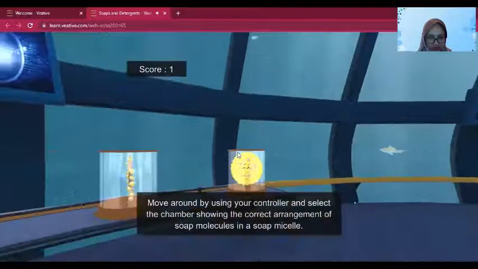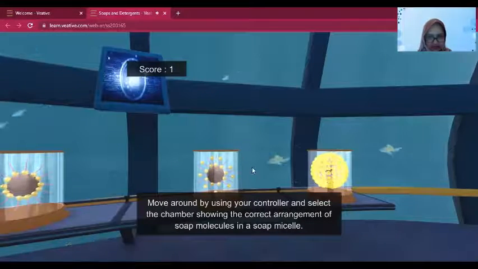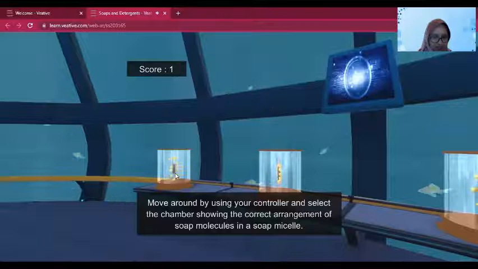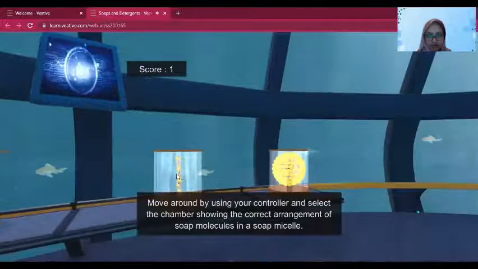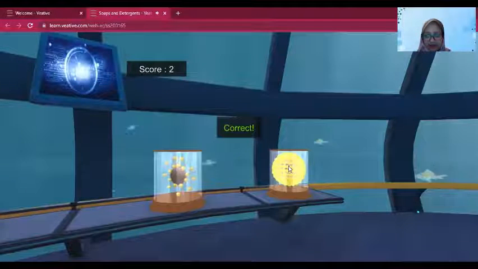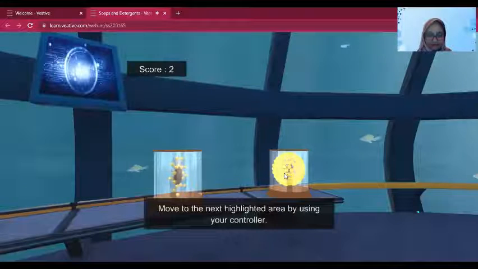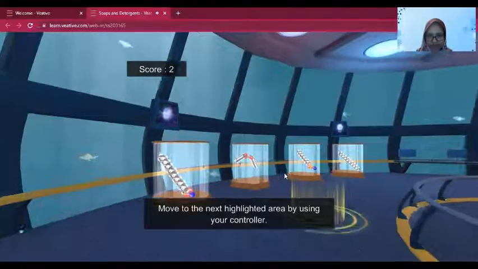Which one? Okay, you remember they do look something like this. The tails are embedded in the grease. Or else, if you look here, this is the one from the soap itself.